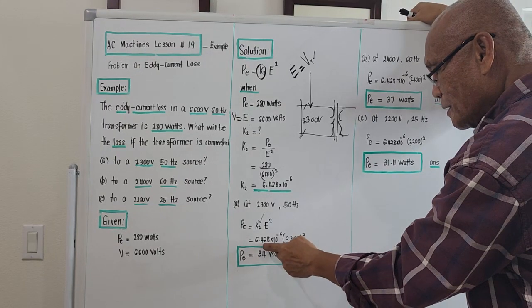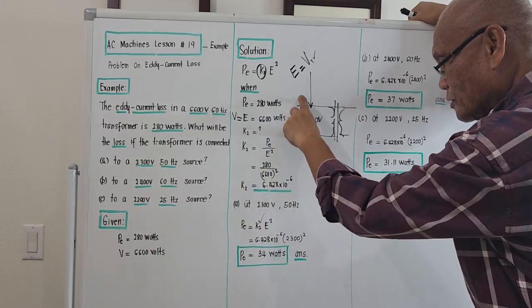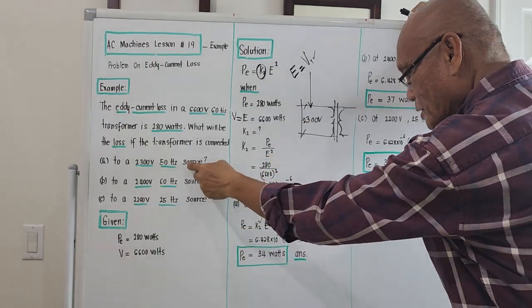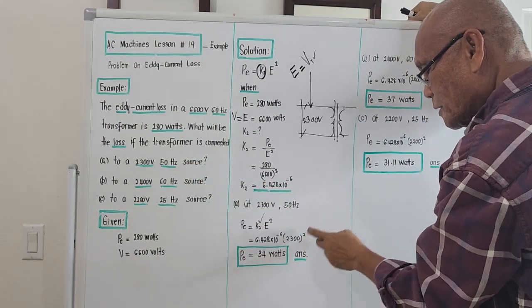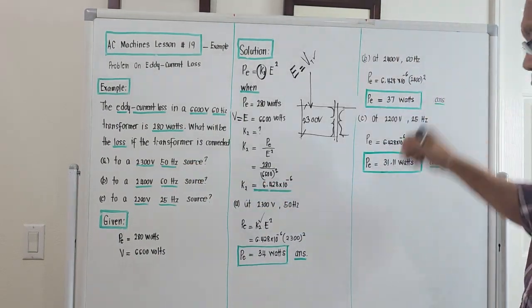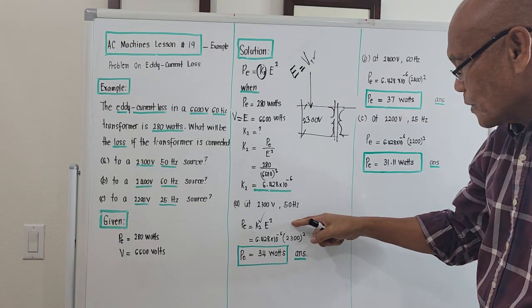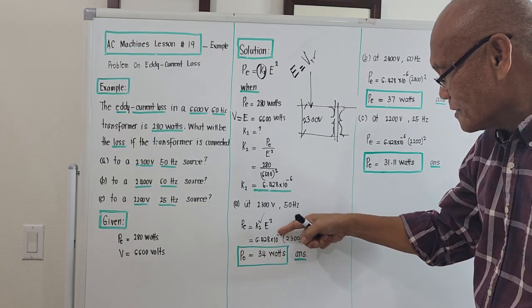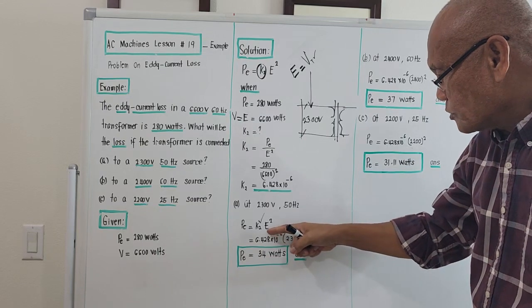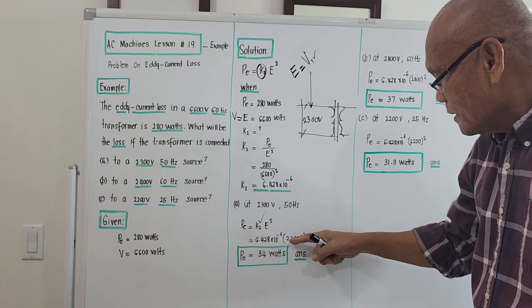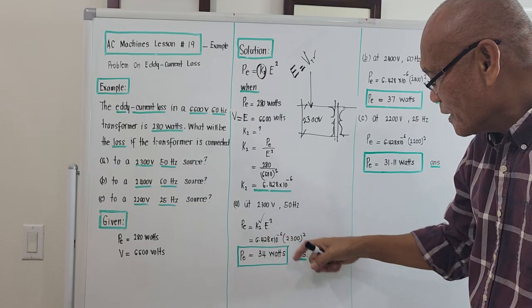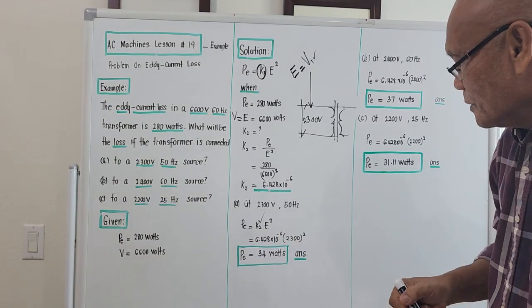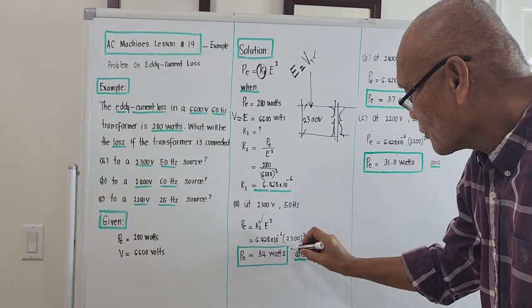This is the K, and the new applied voltage is 2300 as per given condition A. This is 2300 quantity squared. If we square this one, this is by the million, so it will cancel out with this. What will come out will be 6.428 by a certain small value, and what comes out for the eddy current loss is 34 watts.